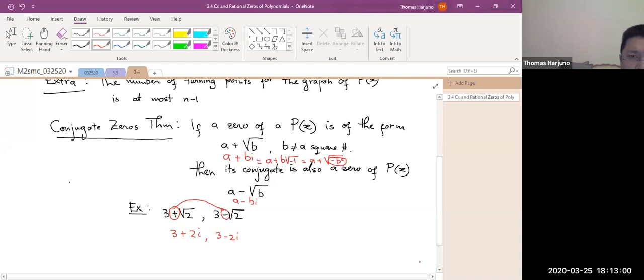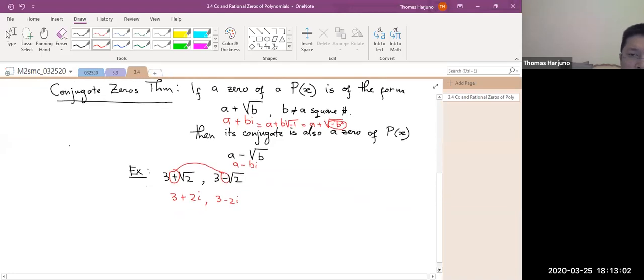If you remember, one of the questions we did earlier in 3.2 or 3.3, as I remember, says that a polynomial has 3 zeros, negative 3i, 3i, and 0. I wonder if you remember that. 3.3, that's number 6, maybe.